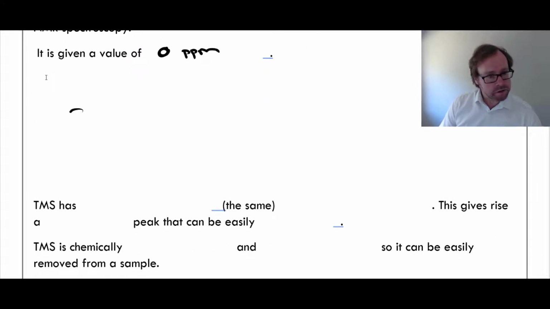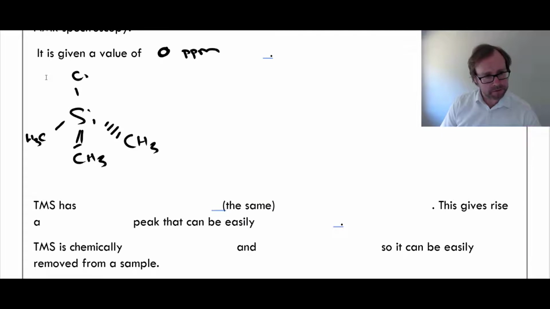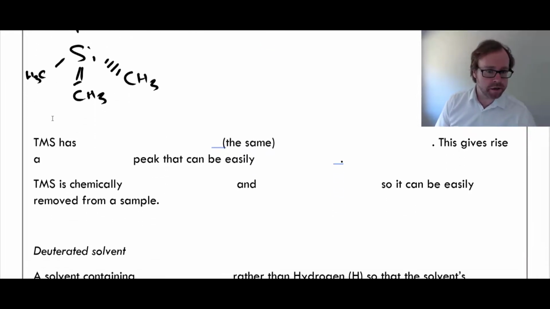Okay, so what is tetramethylsilane? If I draw it, it looks like this. Okay, so this is my tetramethylsilane.